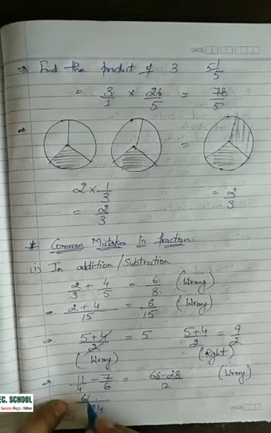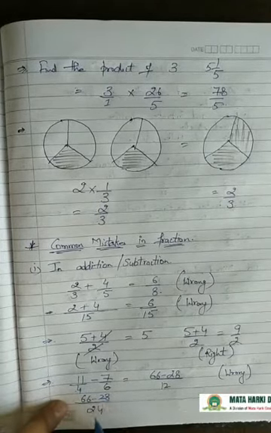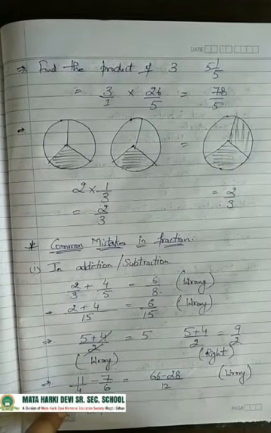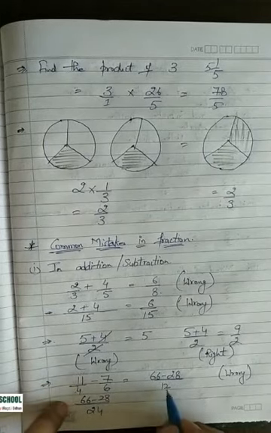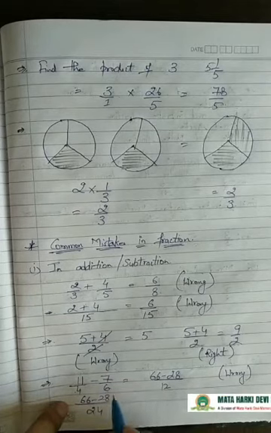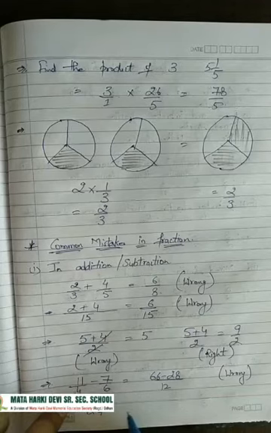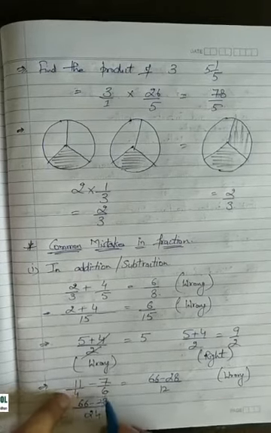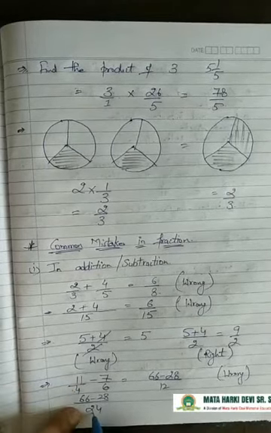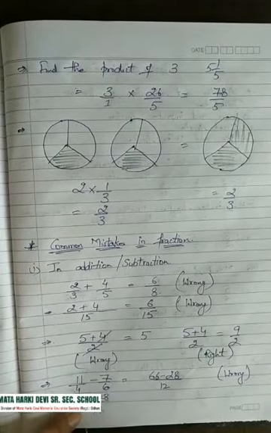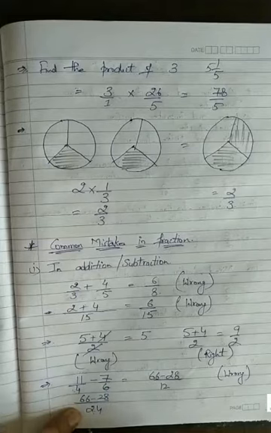Then you can say 66 minus 28. You can cross multiply. 6 11s are 66, 4 7s are 28. Okay, do not take the LCM. If the LCM is the product of these two numbers, then you can cross multiply. Cross multiply is only possible when you have 6 4s are 24. Then if you multiply these both denominators and take it as common denominator, you can multiply the above portions.